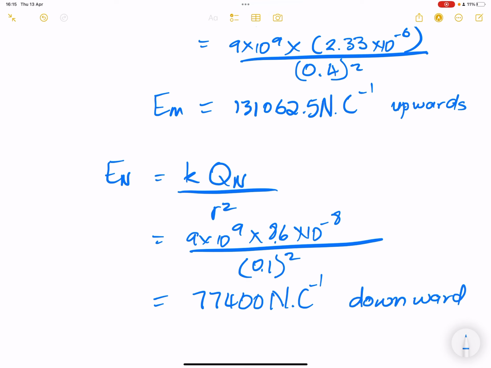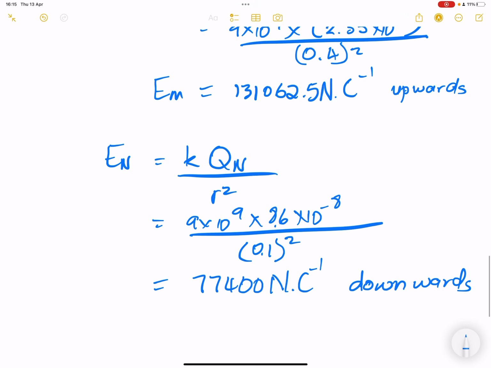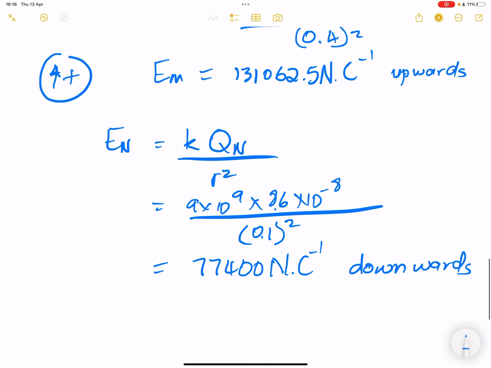Okay, now obviously, if you want to, you can choose a direction. Because I can see the one upwards is much bigger, I would say, well, in that case, I'll take upwards as positive.